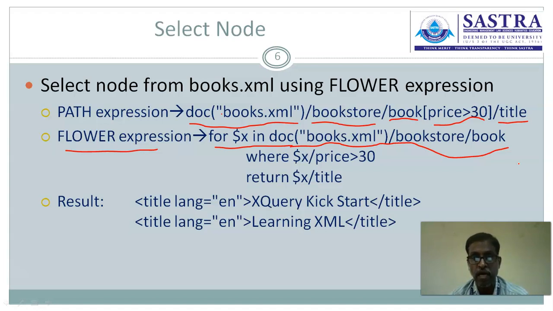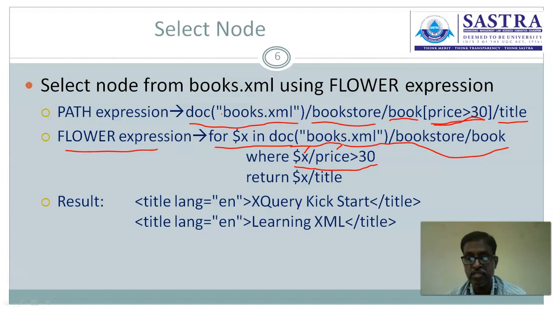And then where, because in the previous XPath query we had the price greater than 30 condition, we need to include it in the where clause. So where $x/price greater than 30. In this case, the $x book details are compared with price greater than 30. Any book which satisfies this condition will be returned.